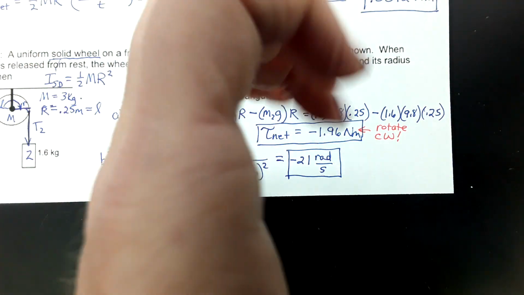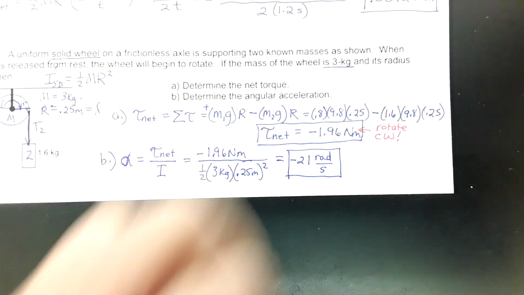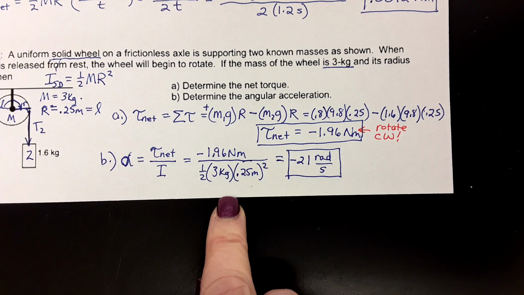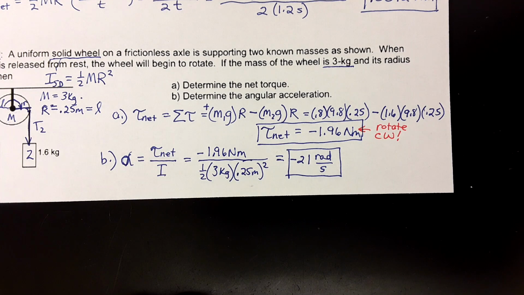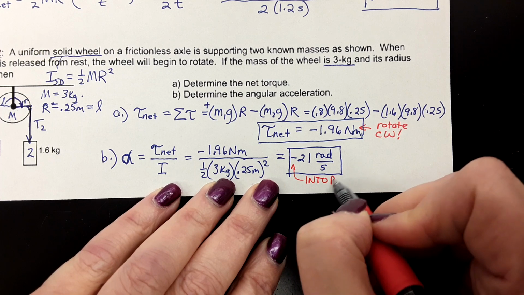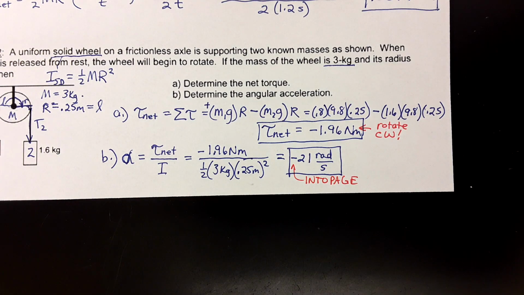Now we're looking down on top, and our fingers rotate clockwise, but our thumb is now into the page. So the angular velocity points into the page. And since it's speeding up, the angular acceleration points the same way as the angular velocity, into the plane of the paper, because you are accelerating, not decelerating.